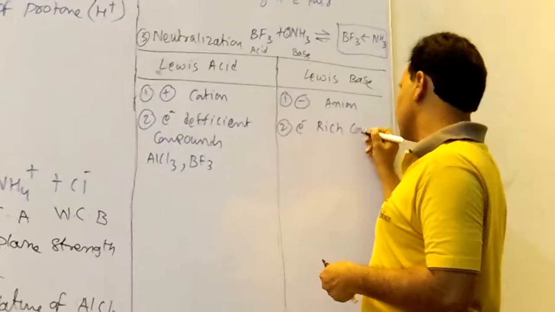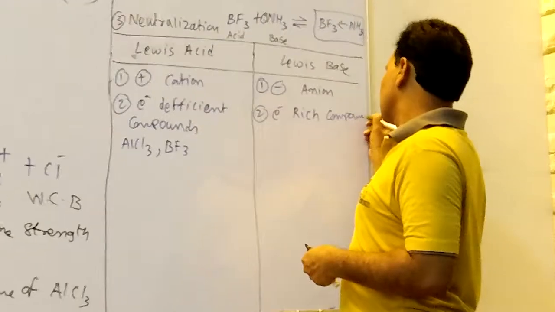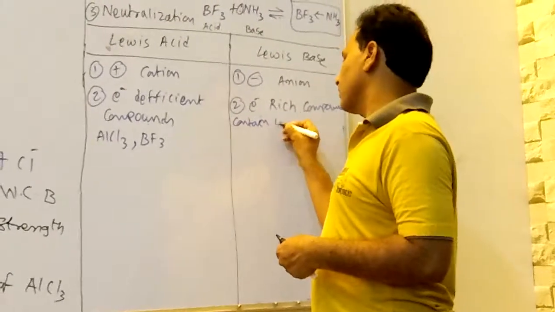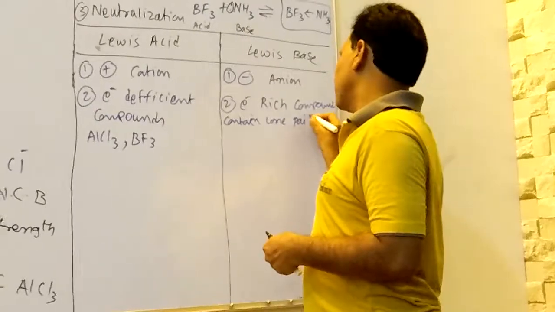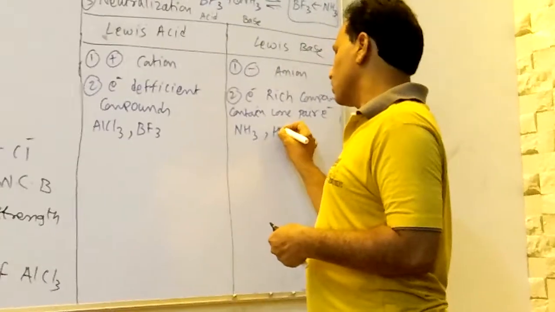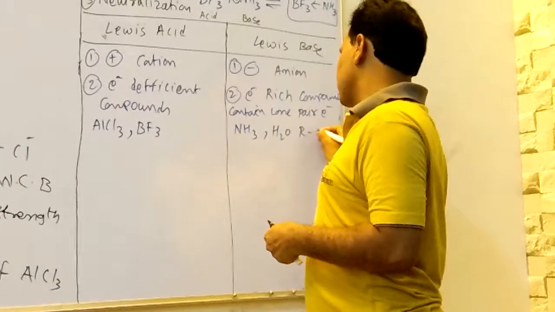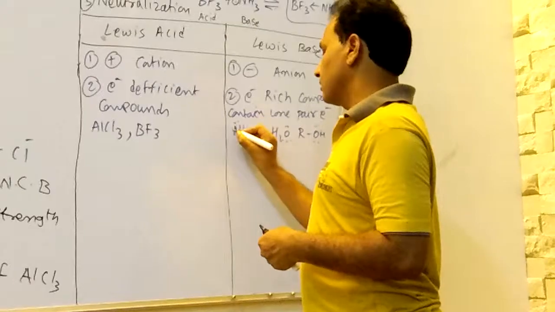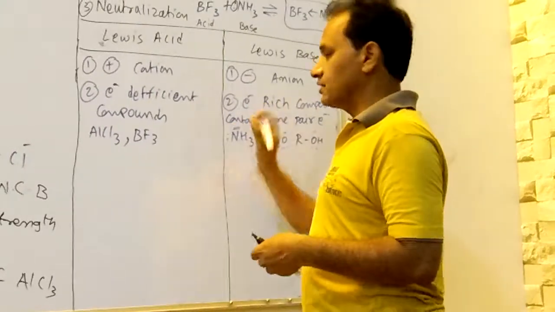Electron rich compounds contain lone pair electrons, like NH3, H2O, ROH. That's why they act as a Lewis base.